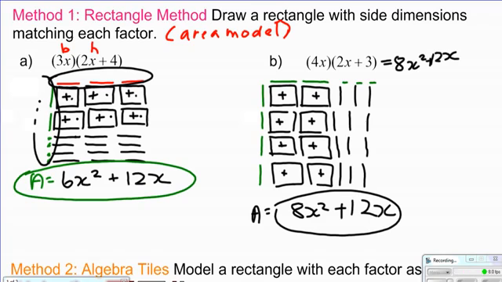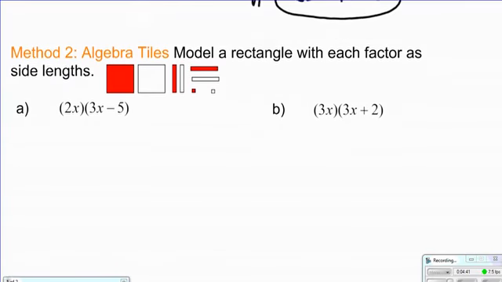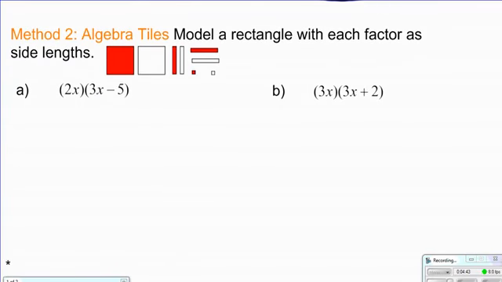Okay. So with the tile method, same kind of thing, but we can build them with tiles and see what we get. Okay, so you should have something similar to this built. Notice that the 5 ones are negative. So sometimes when you have negative integers in your binomial or in your monomial, it's easier to use tiles to help show the different colors.